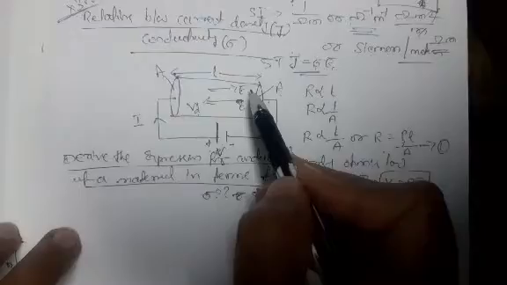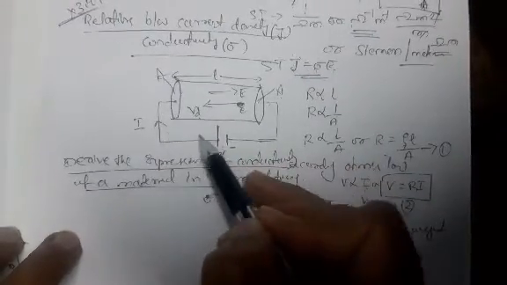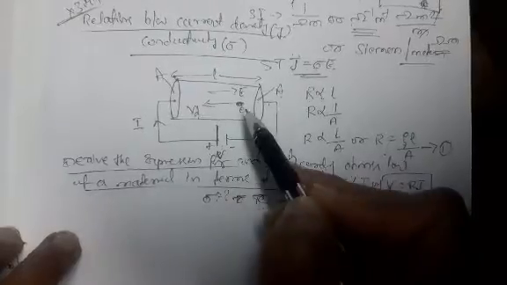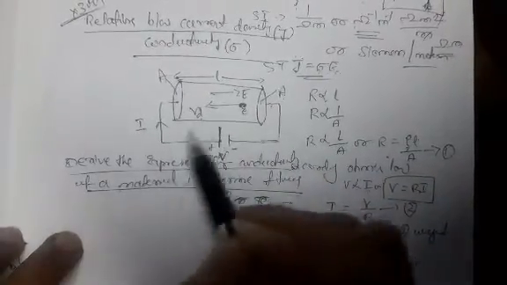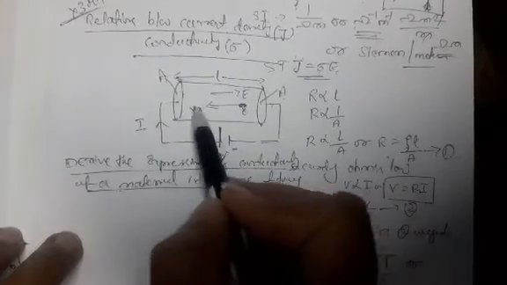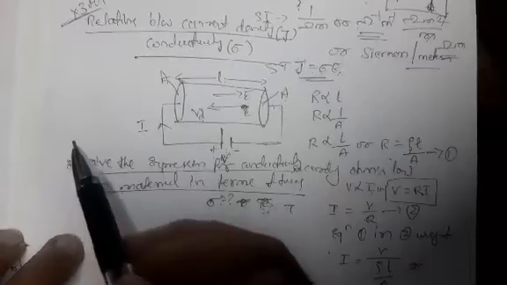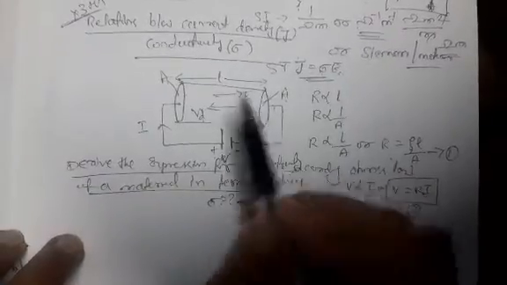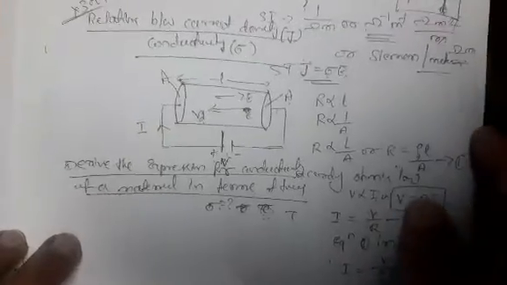The conductor has two ends. One end is connected to the positive of the potential difference, the other end to the negative. The electrons travel from one end to the other, and the speed of each electron is the drift velocity. The electric field is E. That is the diagram and explanation.